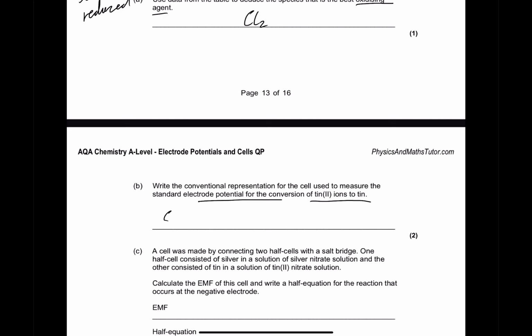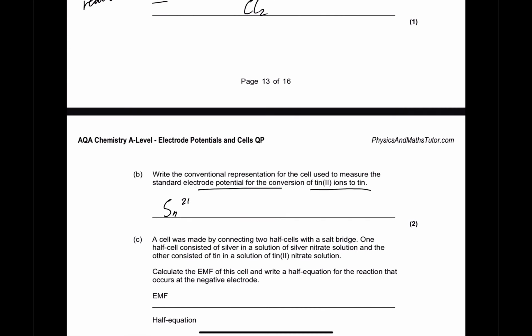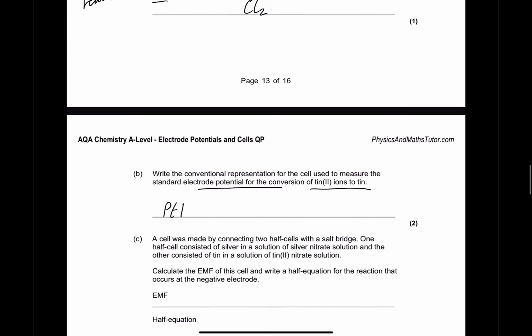So first of all, Sn2 plus, wait, no, it must mean that platinum is being oxidized. If we're trying to do the standard electrode potential for the conversion of tin 2 plus to tin, H2, H plus, Sn2 plus.